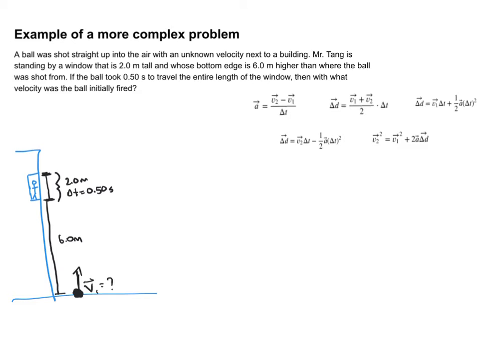So it's a pretty complex problem. There are clearly, I think, 2 sections to this problem. One is the first 6 meters that the ball travels, and then the next 2 meters that the ball travels. So when there's more than one section like that, what I like to do is make headings to organize my solution. So the first heading I will have is the ground to bottom of the window.